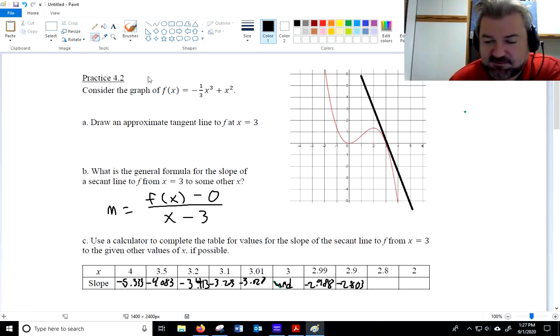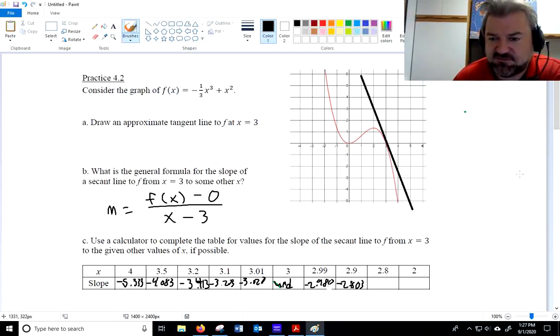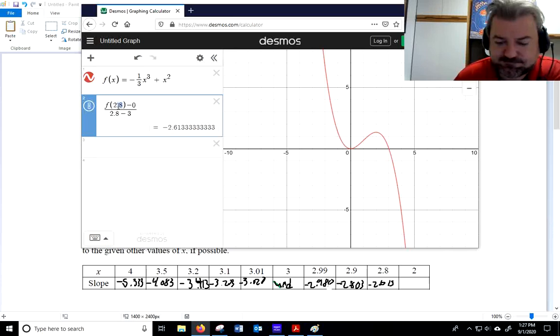And let me fix that one. That was negative 9.80, not negative 9.88. There we go. Easy to fix that. All right, and at 2.8, we're probably going to be getting even less steep, I'm guessing. Negative 2.613. And what about at 2? Negative 1 and a third.